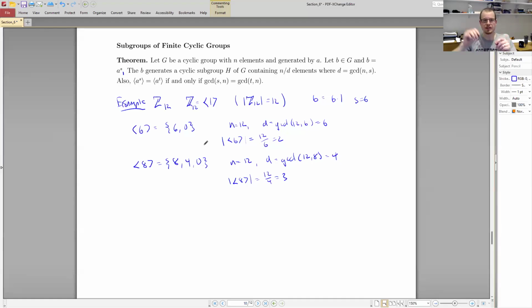Essentially, what it works out to be is how long does it take you to go through these things until you have a multiple of 12? So 8 times what, right? Another way to think of it is the least common multiple between n and 8, the power s here.